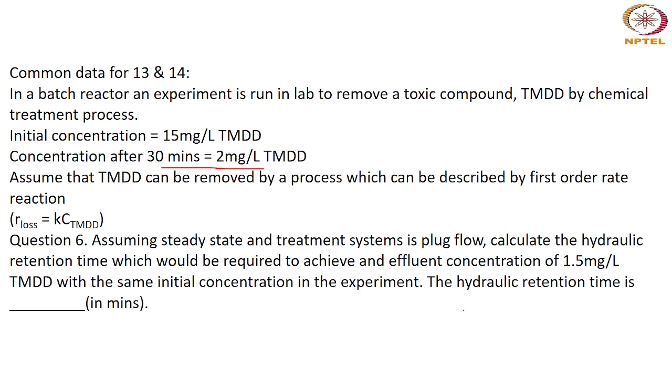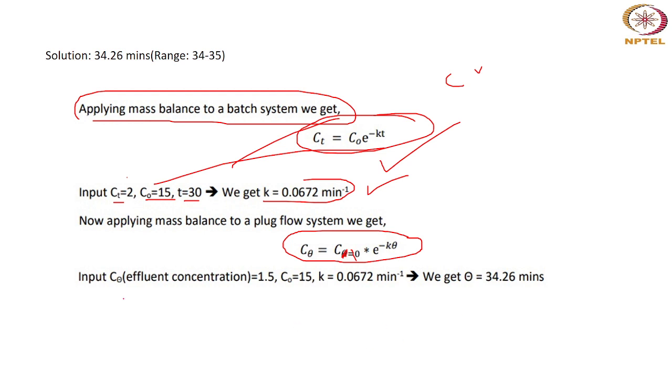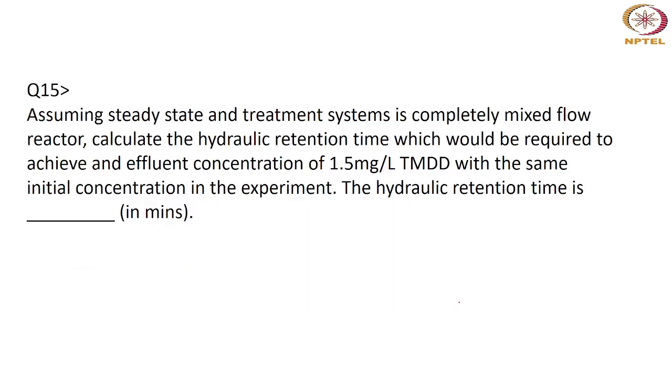My desired effluent concentration from the plug flow reactor is 1.5 mg per liter, so C theta will be 1.5. C naught is 15, the same as the initial concentration. K, calculated here, is 0.0672 per minute. We get theta as 34.26 minutes. So that many minutes are required for a plug flow reactor to get our desired concentration of 1.5 mg per liter. I hope this is clear.